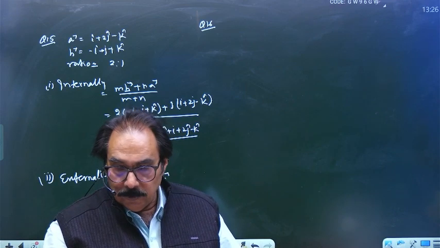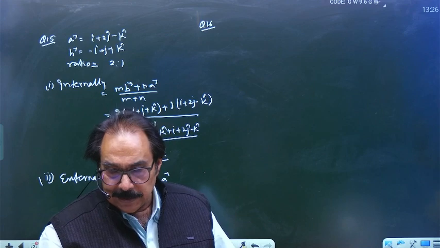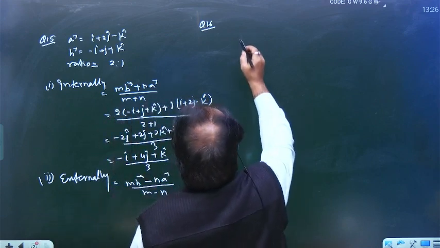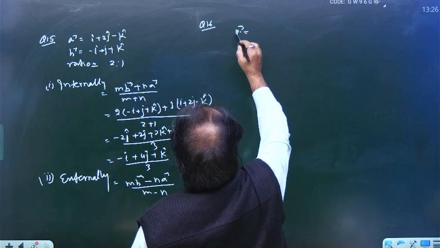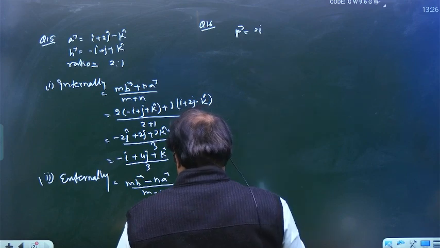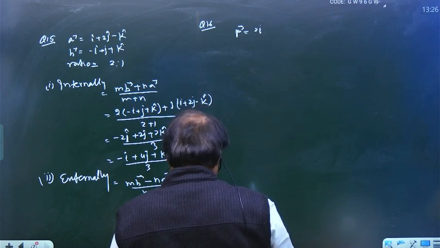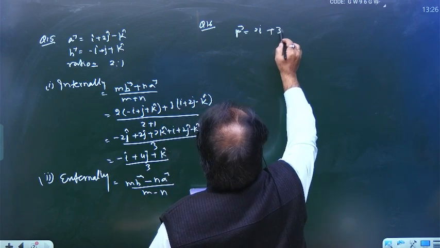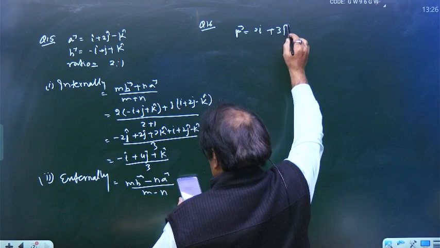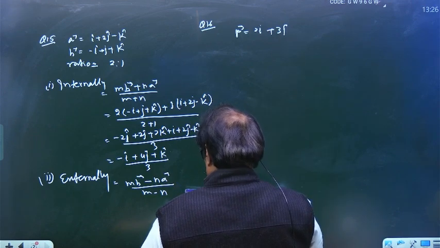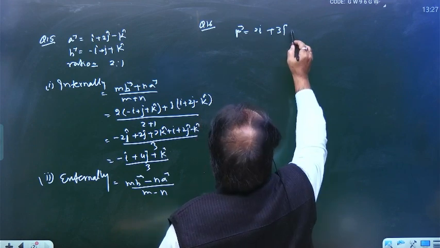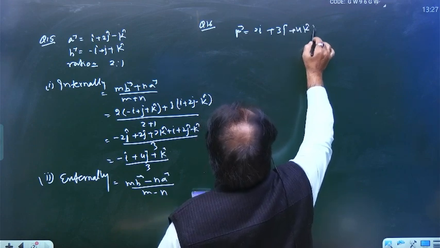Vector P is 2i cap plus 3j cap plus 4k cap, the position of the point is already given.